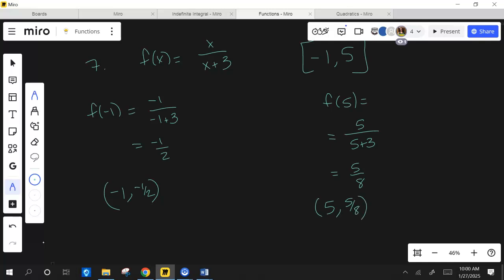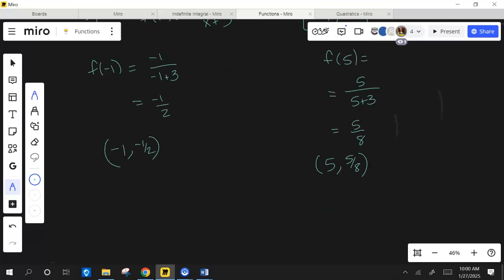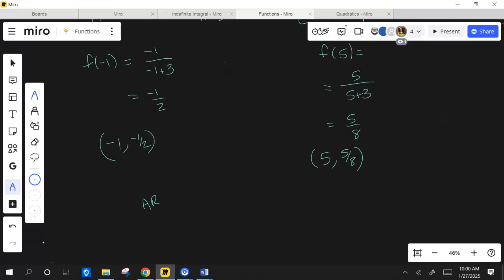All right, now let's set up our little AROC equation, right? Subtract the y's up top. Again, it doesn't matter which one you start with. If I have a positive and a negative, I tend to start with the positive. So I might start with this one, but it doesn't matter if you didn't. But because I started with 5/8, then I need to start with 5 here, right?